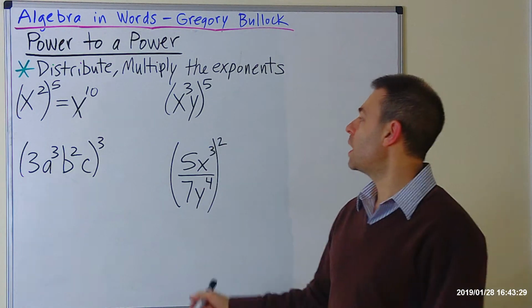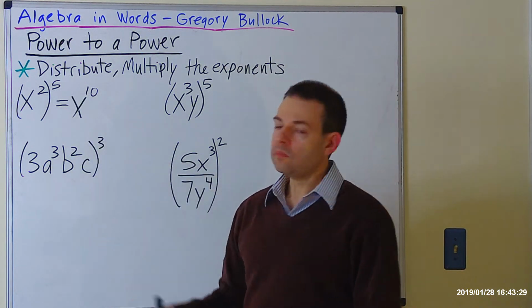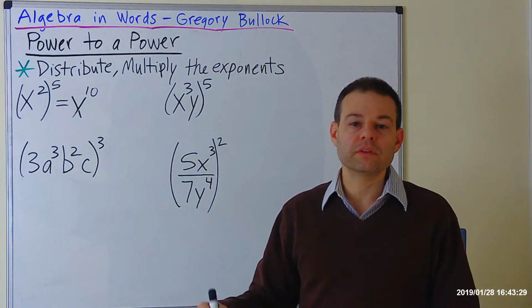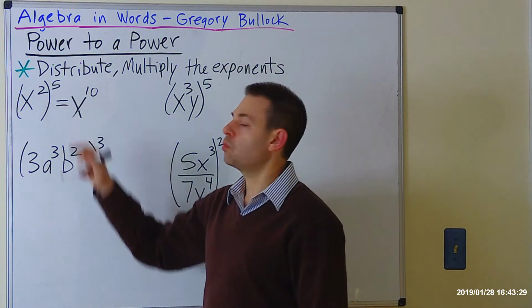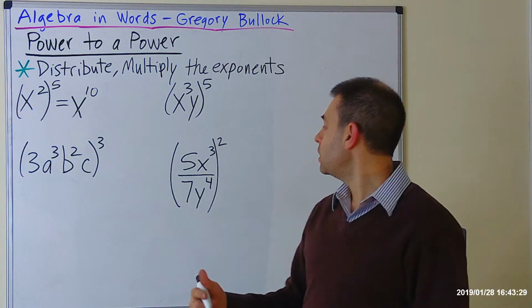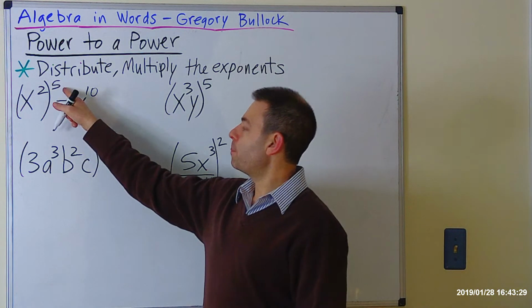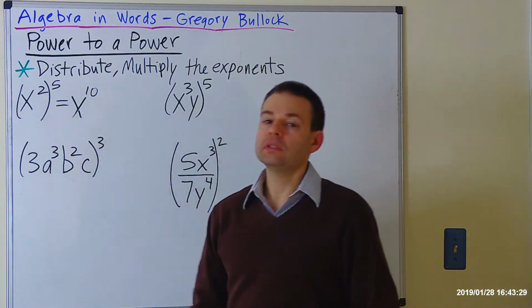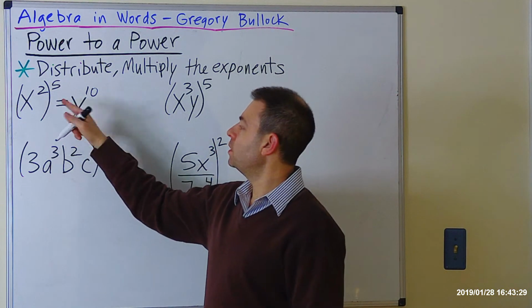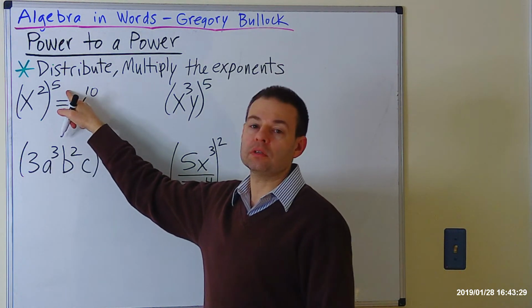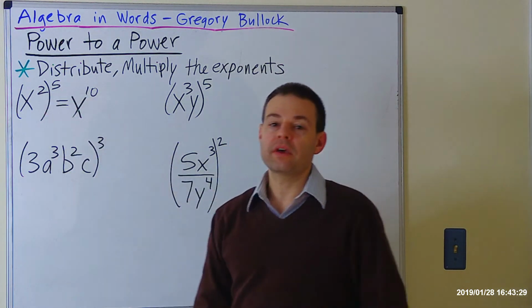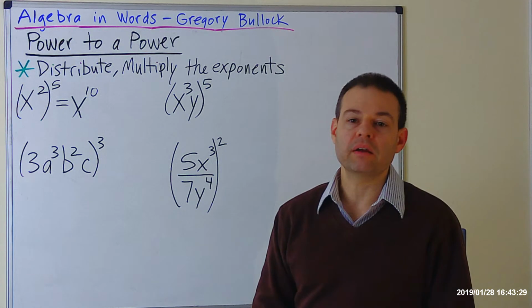Now, a good way to learn this in the beginning is when you have a power to a power, usually, I don't know of many examples when it's not like this, you have a power outside of a group. So in this one, we distributed the outer exponent to every exponent of every variable inside.